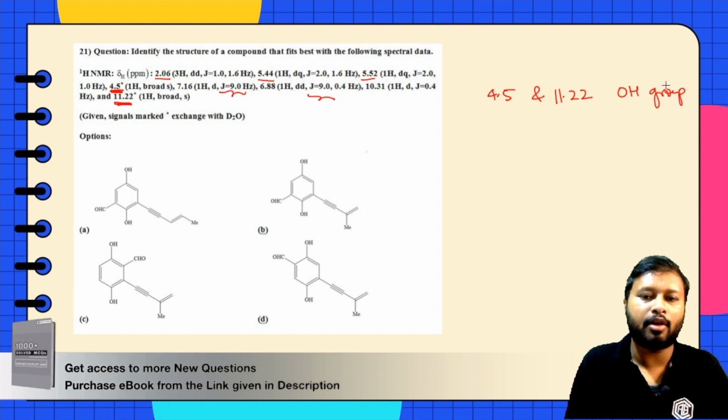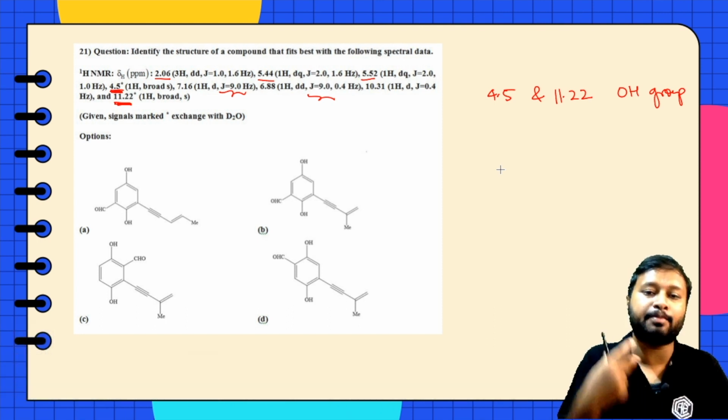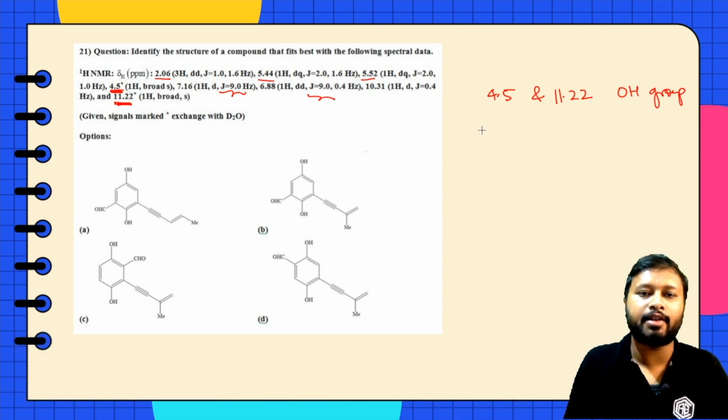Okay, so in the option you should have 2 OH groups. Now if you look at all the options, every option has 2 OH groups, so that is fine. The next thing which is going to point towards the correct answer is 1 hydrogen, J equals 9 Hertz, and doublet.